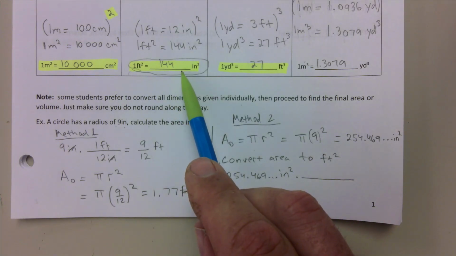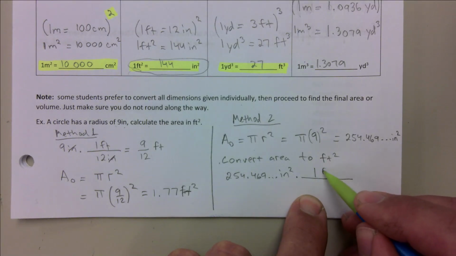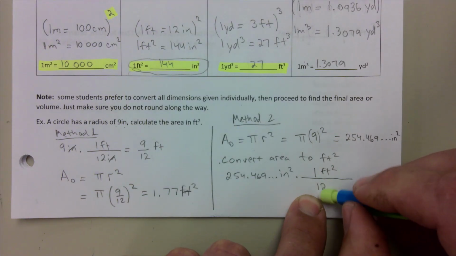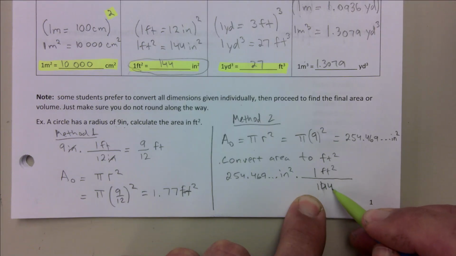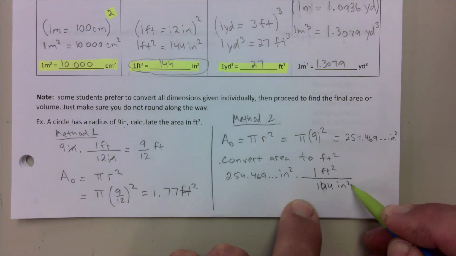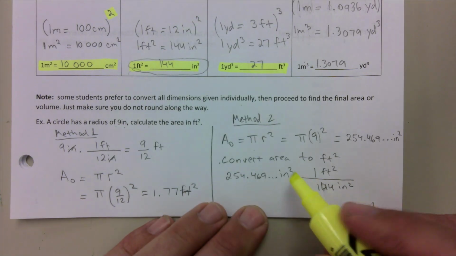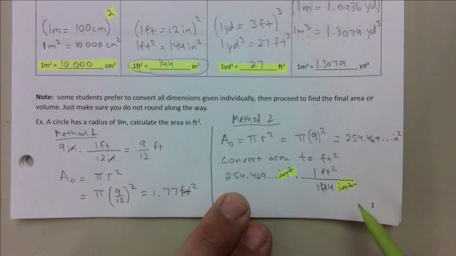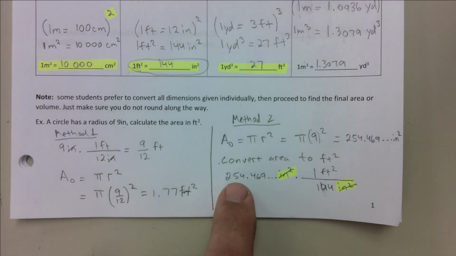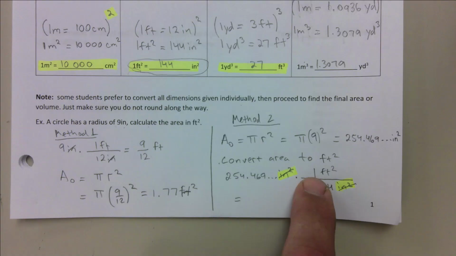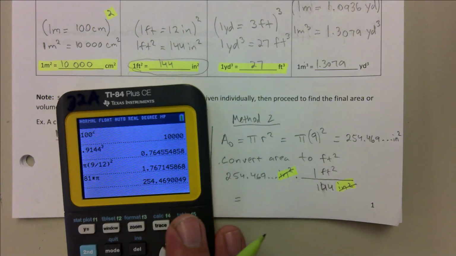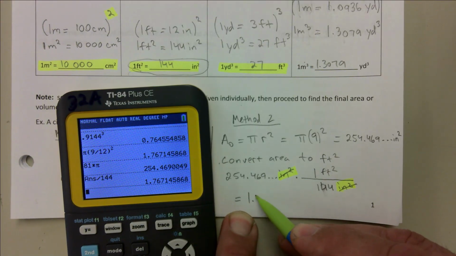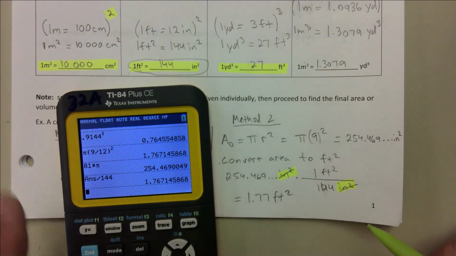So you know that 1 square foot has 12, sorry, I almost made that lethal mistake, 144 squared inches. And you cancel. And then all you have to do now is 254.46 something times 1 divided by 144. So it's really just divided by 144. So you get 1.77 square feet.